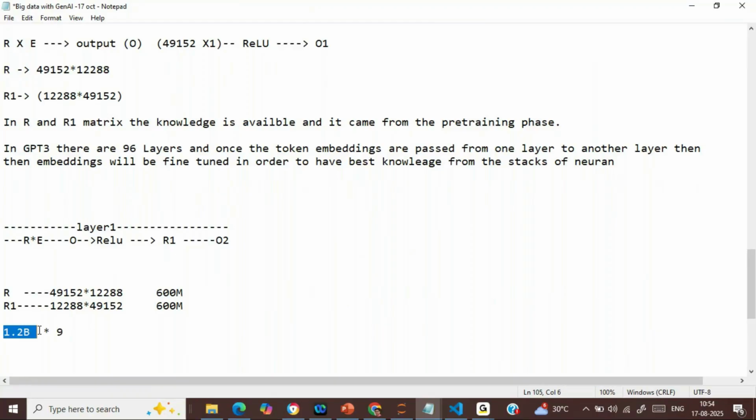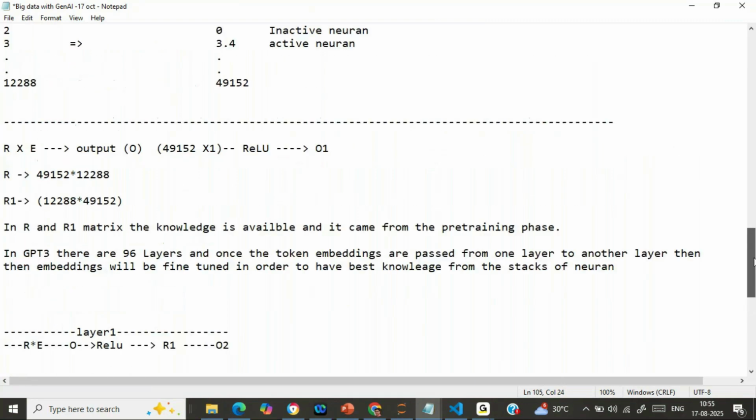This is with respect to layer 1. And if we have 96 layers, then it comes to around 116 billion parameters. So 116 billion parameters are coming from the MLP layers.